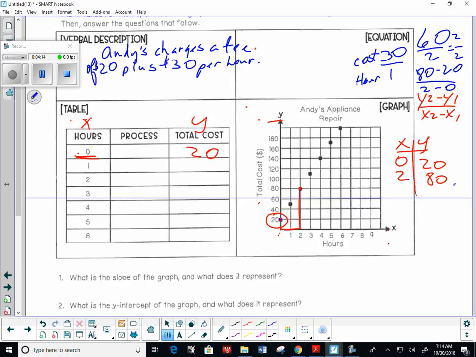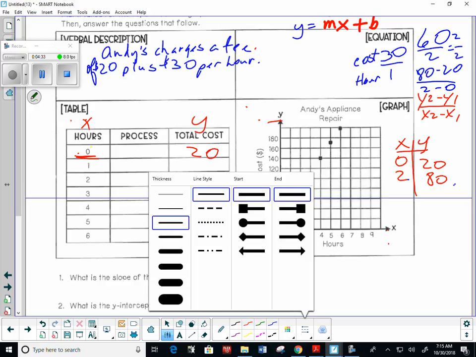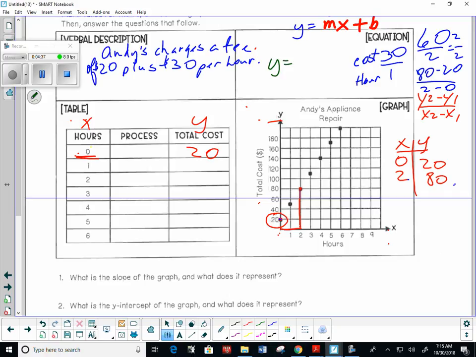We can also see that in slope-intercept form, y, that's our total cost, equals our slope times however many hours, plus or minus our beginning. So we've got y, our total cost, equals our slope that we just figured, 30 over 1, which gives us 30 times however many hours plus our beginning.